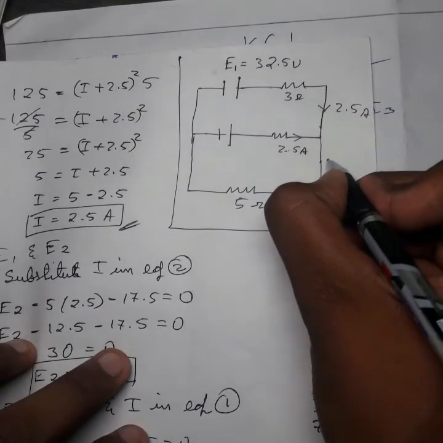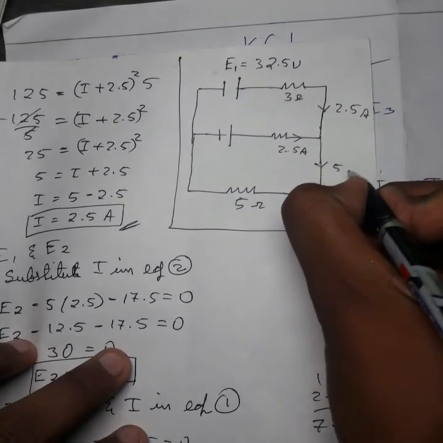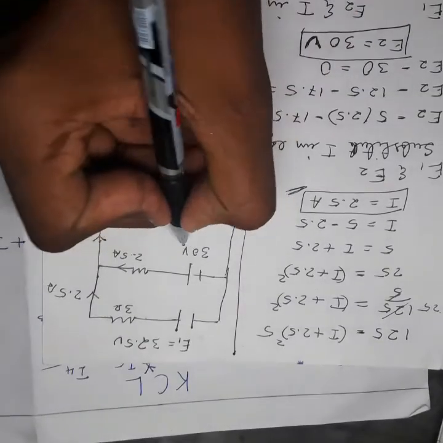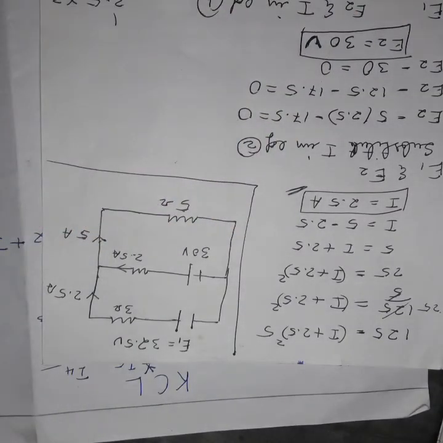I plus 2.5, that is 2.5 plus 2.5 is 5 amps, and E2 value is 30 volts, and it is done. Hope you got the answer.